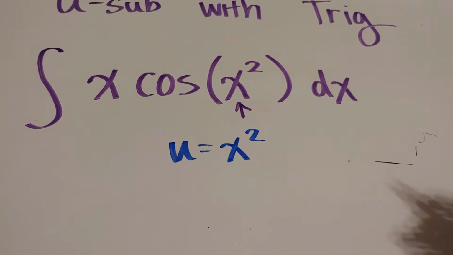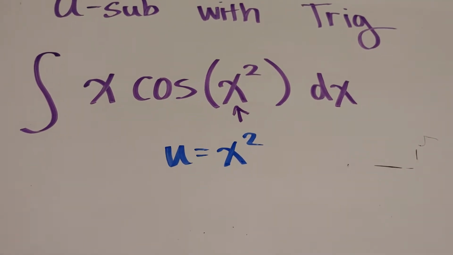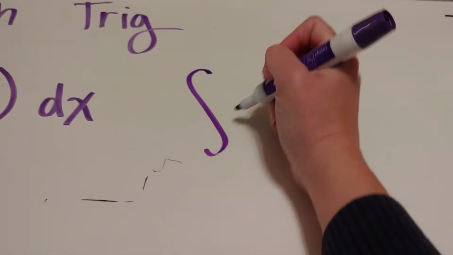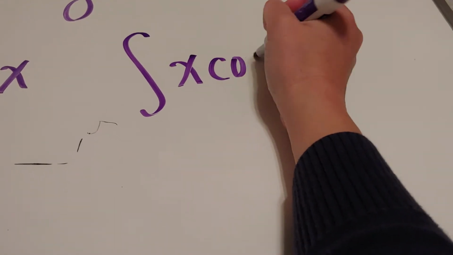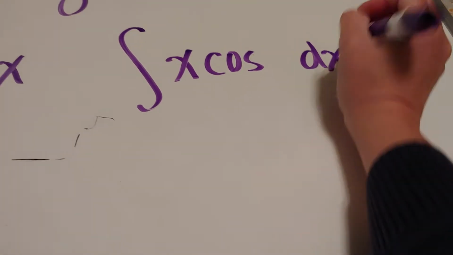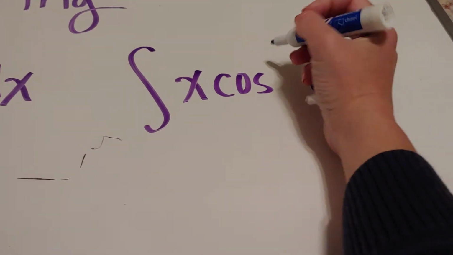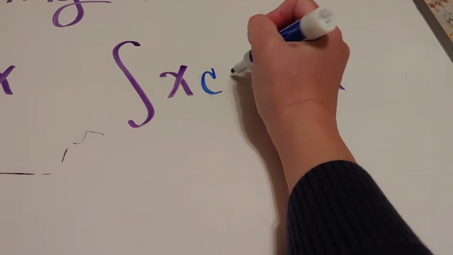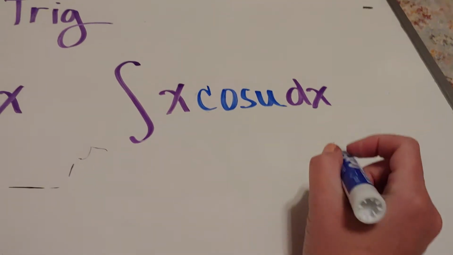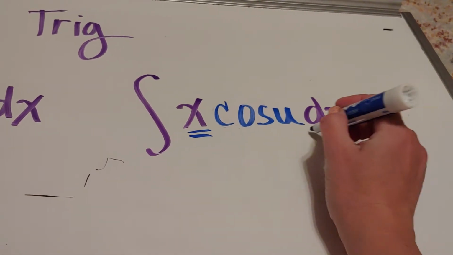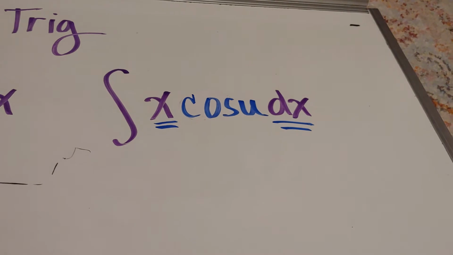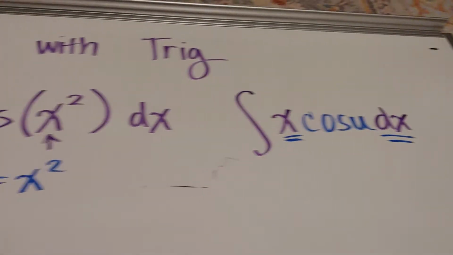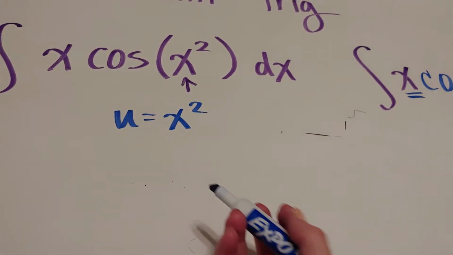What that means is that currently I have x cosine of u. Actually, let me write it all in blue. I still have an x and a dx to trade out. So let's go back to our u substitution, u equals x squared.